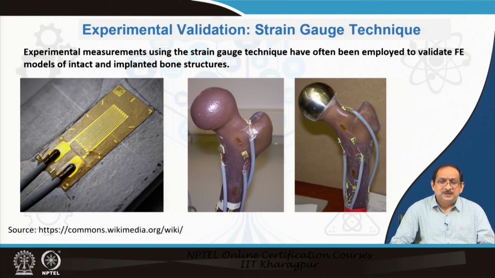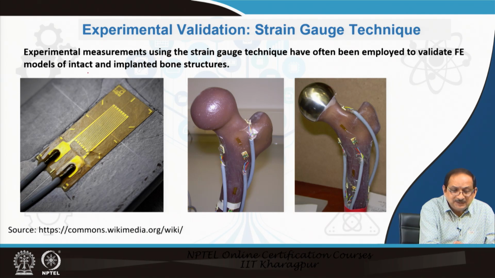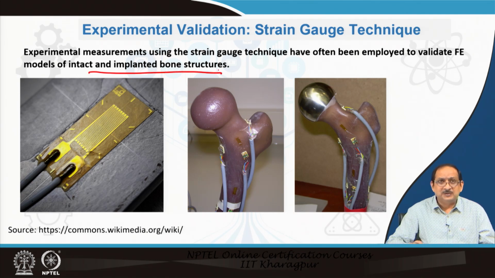Now, let us move into the second topic. It is on experimental validation using the age-old strain gauge technique. Experimental measurements using the strain gauge technique have often been employed to validate FE models of intact and implanted bone structures.